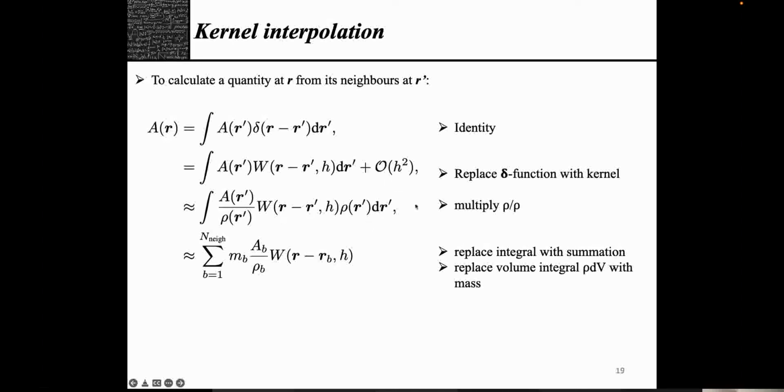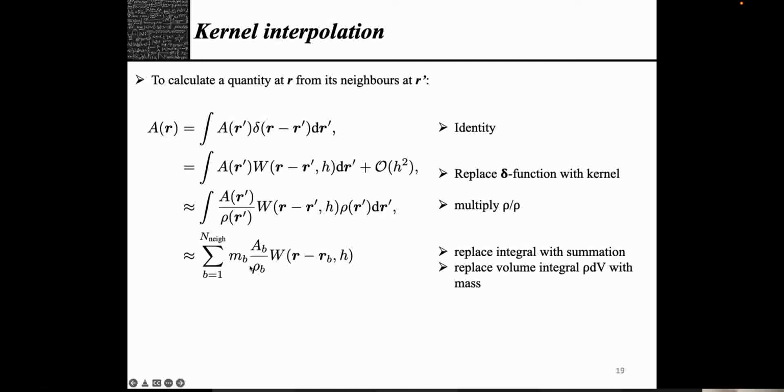And now we can multiply through by rho on rho, because the integral is over a volume element, and for SPH we want a mass element. So we get this mass element. Now we finally convert it into a summation, and we have an approximation for how to calculate the variable b, or the variable a, in SPH.